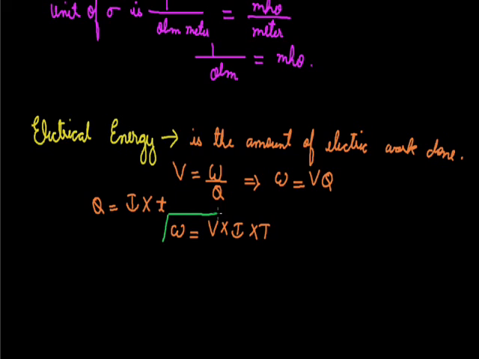This equation represents the amount of electric work done, which is equal to electrical energy. But if we want to express this electrical work done in terms of I and resistance R, we can express it by using Ohm's law.